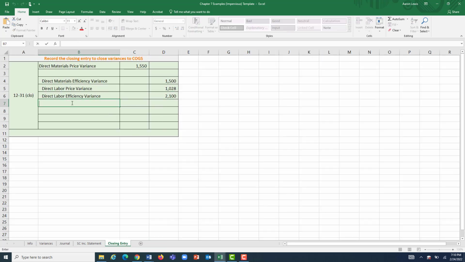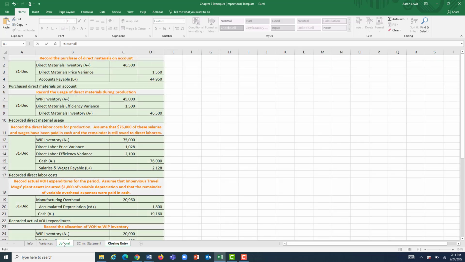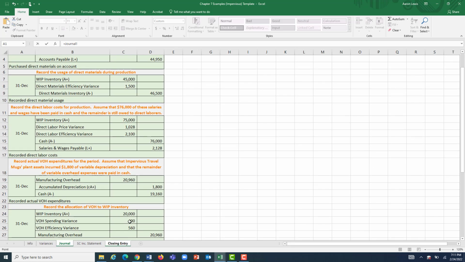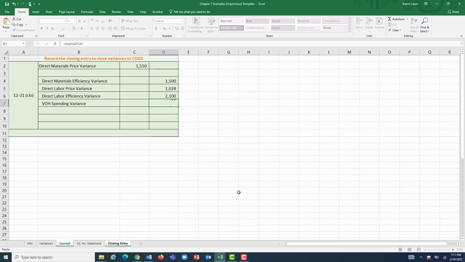We had a couple of variances for variable overhead. We had our VOH spending variance, and our variable overhead spending variance had a debit in our journal entry because it was unfavorable. So that VOH spending variance with a debit balance now of $400 is going to require us to credit that account for $400 to reduce its balance to zero.